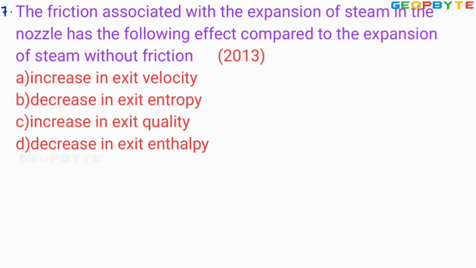Look at the 17th problem. The friction associated with the expansion of steam in the nozzle has the following effect compared to the expansion of the steam without friction. Let me construct the HS diagram for getting the clarity.